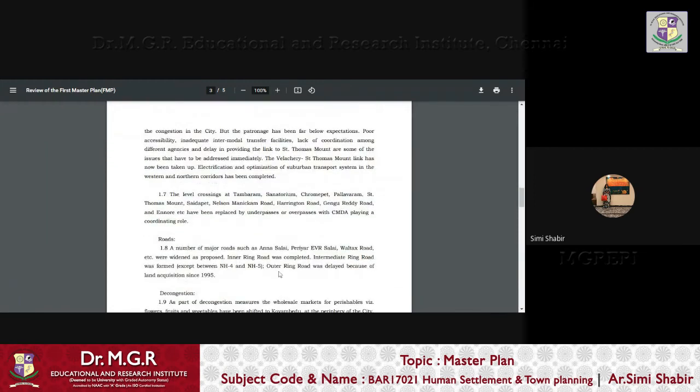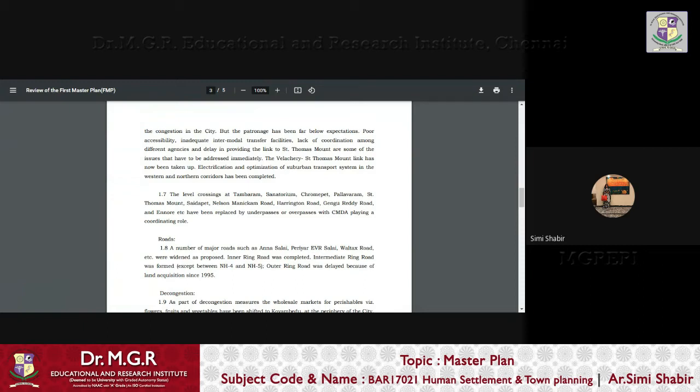Level crossings at Tambaram, Sanatorium, Chrompet, Pallavaram, St. Thomas Mount, Saidapet, Nelson Manickam Road, Harrington Road, etc., were replaced by underpasses or overpasses, with CMDA playing a very responsible role coordinating all the agencies. And when it comes to the roads, we know that a number of major roads such as Anna Salai, Periyar EVR Salai, Poonamallee High Road, were widened as proposed.